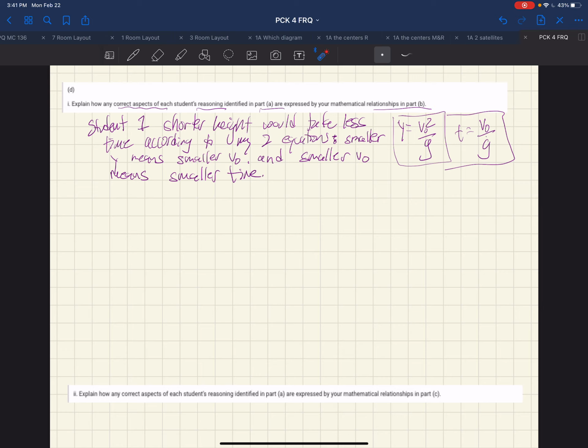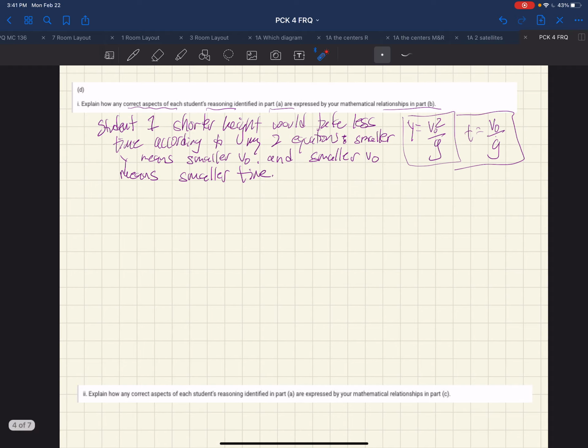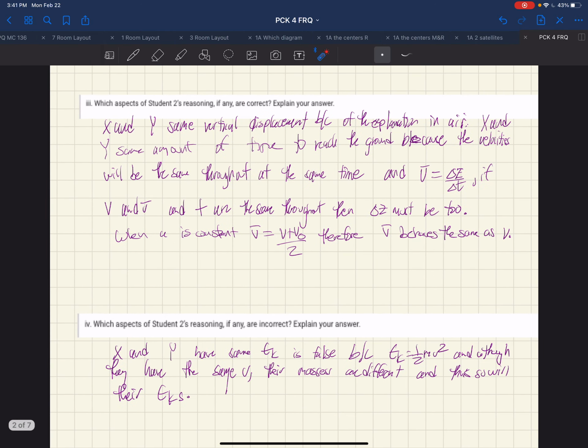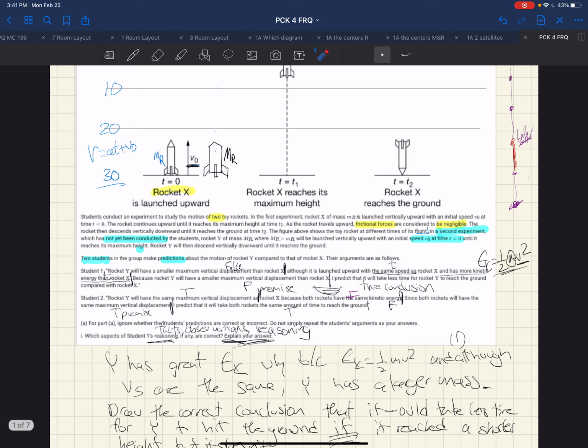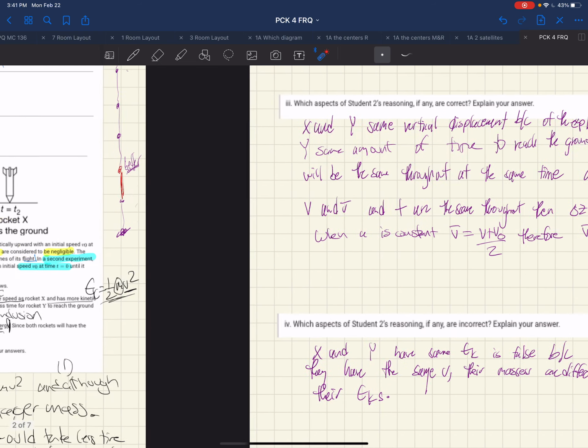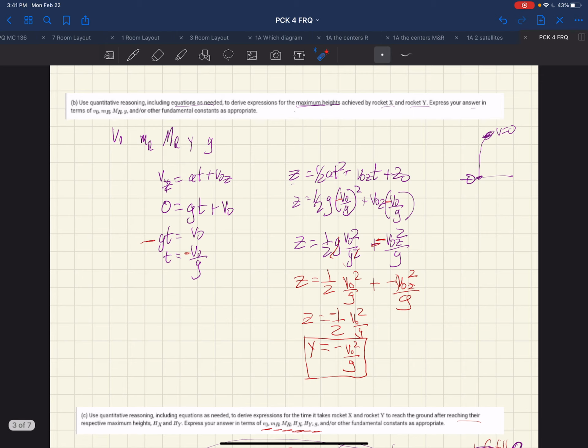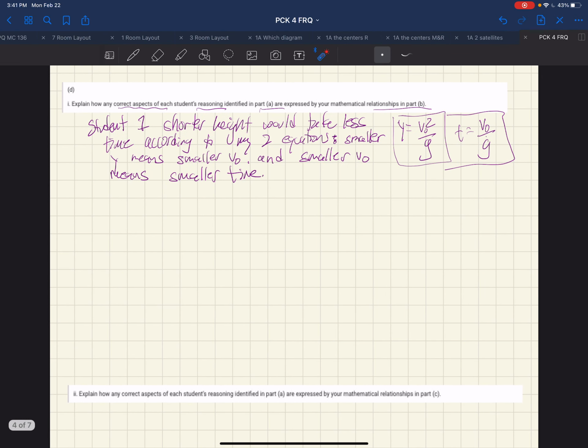And the kinetic energy doesn't relate to either of those two questions. We go on to those two equations. We look to see, yes, and as we get to student 2, the same vertical displacement. Student 2, same vertical displacement.